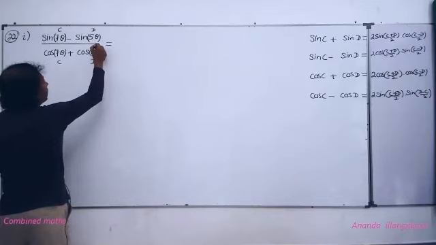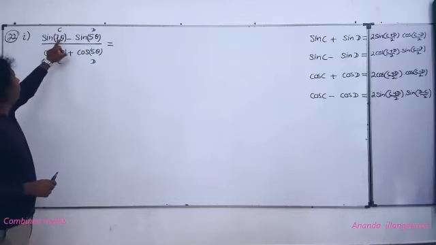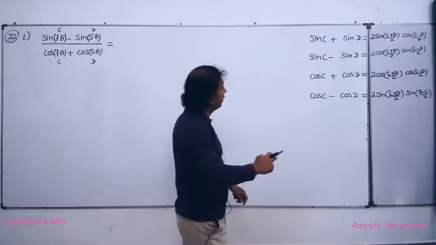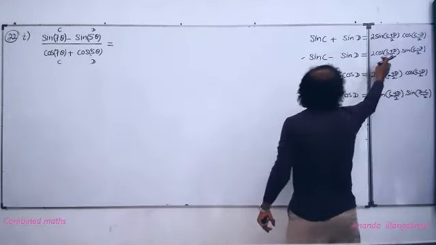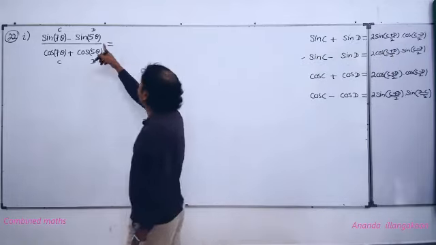Then you can clearly see the numerator takes the form sine C minus sine D. Its right hand side comes in cos sine. Write the right hand side for this numerator.